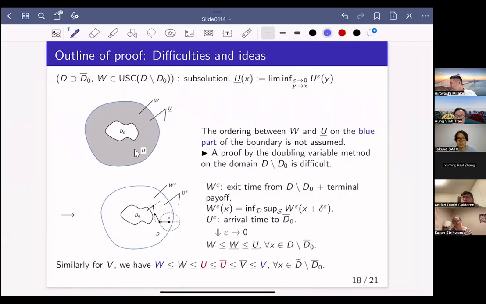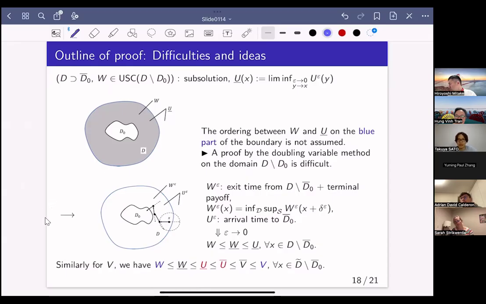W is defined on this black domain, and u under bar is defined on R^n minus D0. Then we needed to compare these two functions with no assumption on the ordering on this boundary.